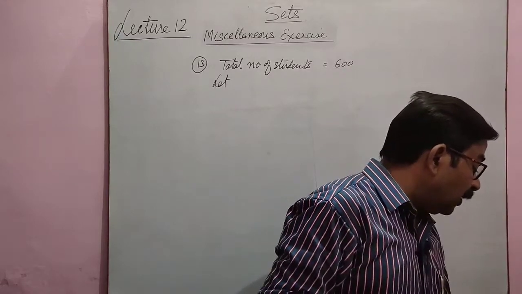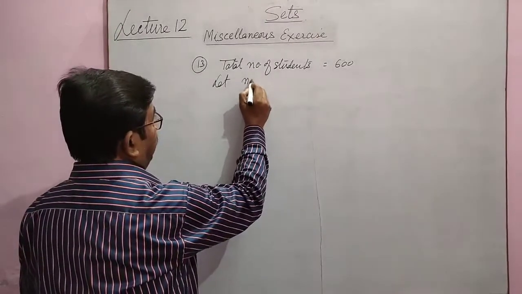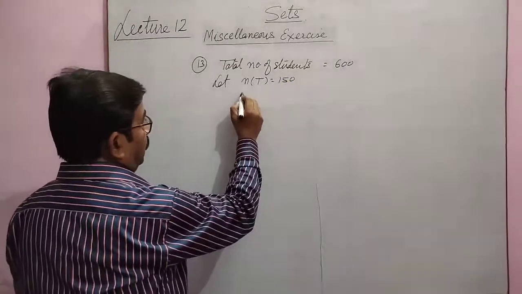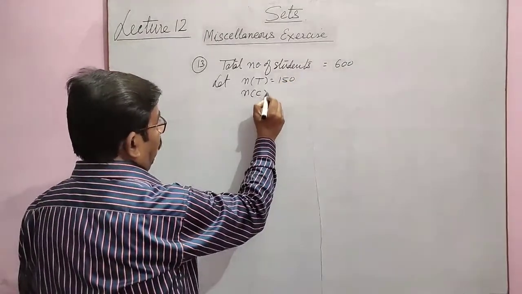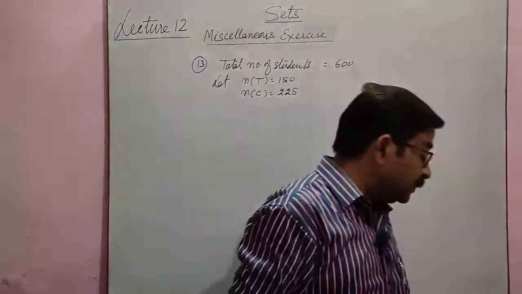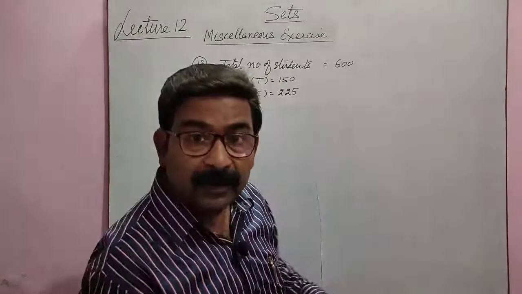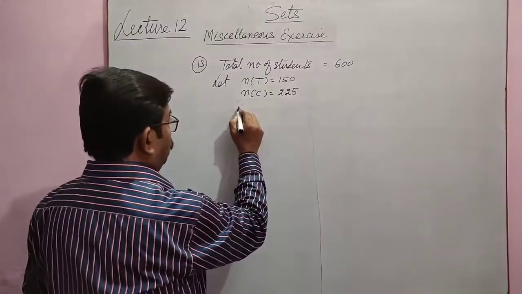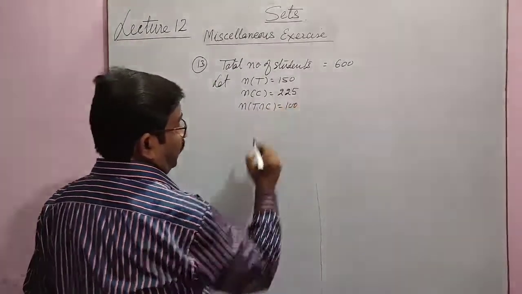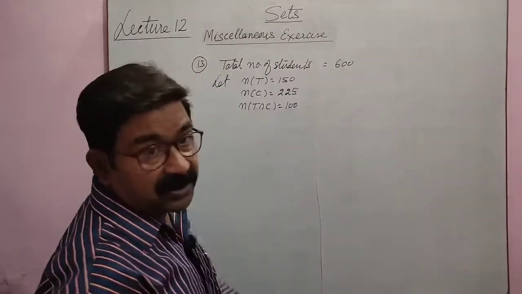So 150 students were found to be taking tea, so I am writing n(T) is equal to 150. n(C), coffee, 225 were taking coffee and 100 were taking both. Both means common, that is intersection. So n(T intersection C) is 100. T is given, C is given, intersection is given.